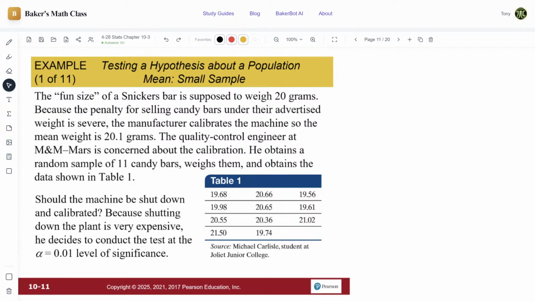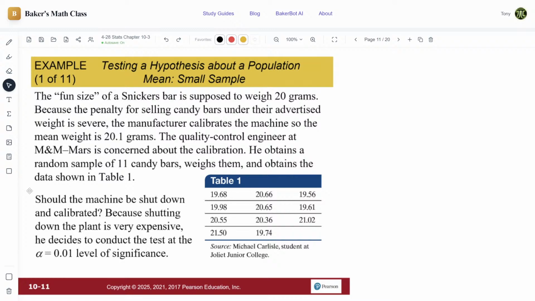They've set their machine to go at 20.1. Figuring that if they're over it, it's less likely to be under the 20 grams, because they would get in trouble if they're selling things that are light. They would rather it be overweight than light. So we're not going to use the 20 grams, it's more just for information. We would use the 20.1 grams in that situation.